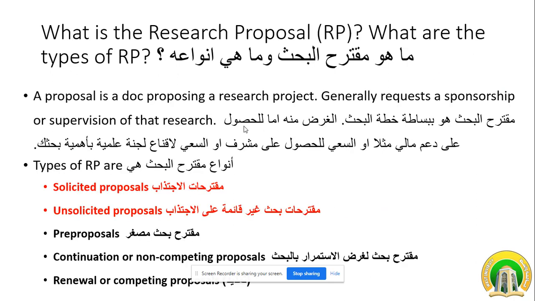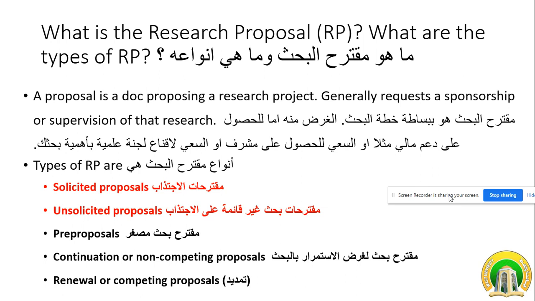So, what is the research proposal and what are the types of this research proposal? It is a document proposing a research project. Generally requests a sponsorship or supervision of that research. For the types, there is a solicited and the unsolicited, and we have three more.